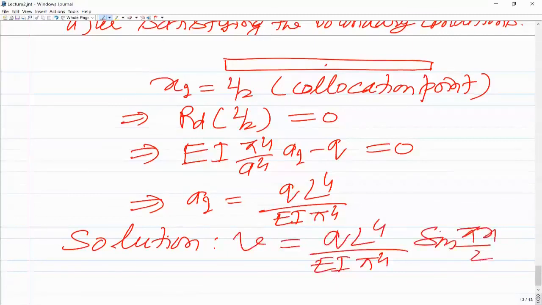The last thing to discuss is the subdomain collocation method. I think it's already 10:50, so I want to stop here. In the next class, I will discuss the subdomain collocation, and then another important thing as part of the weighted residual method, the weak form.